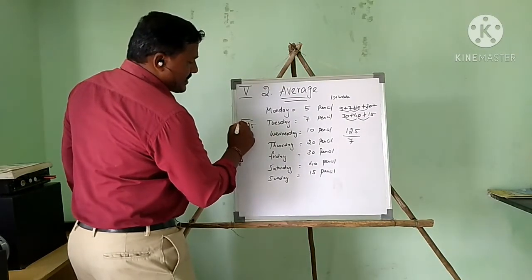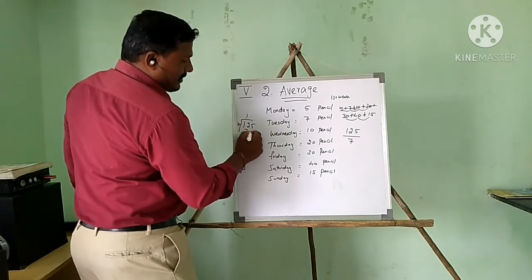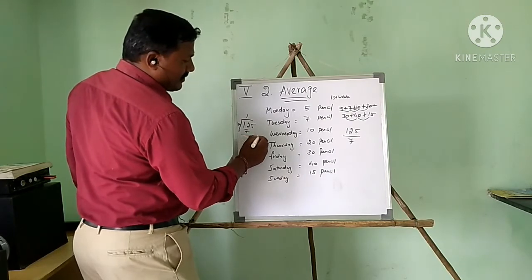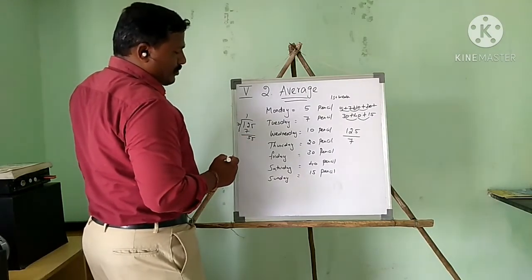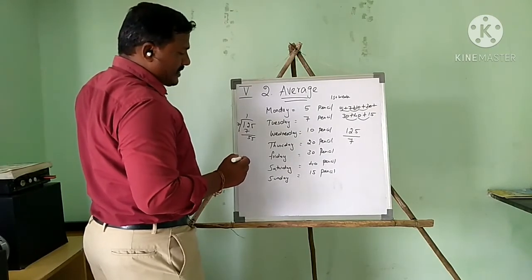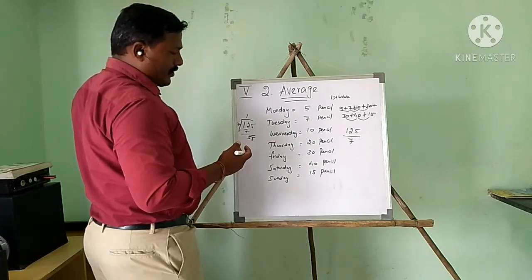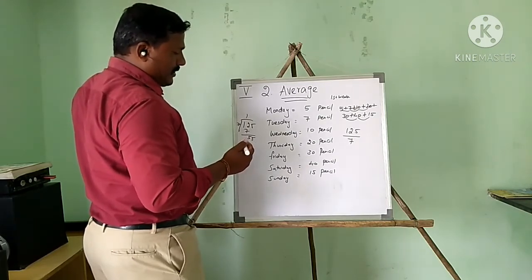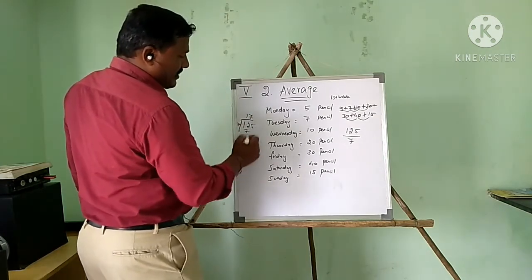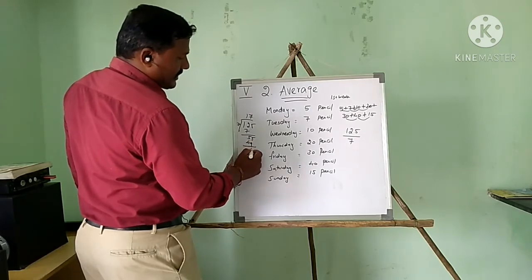125 divided by 7. 2 sevens are 14, 3 sevens are 21, 4 sevens are 28, 5 sevens are 35, 6 sevens are 42, 7 sevens are 49, 8 sevens are 56. So 7 sevens are 49, the remainder is 56.